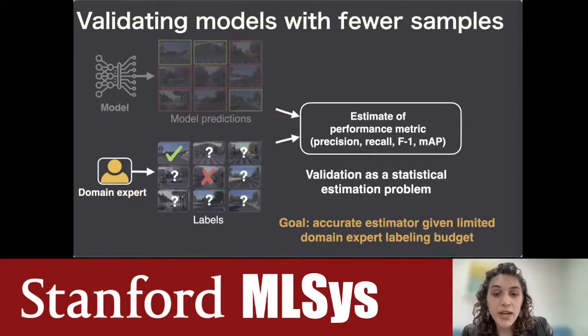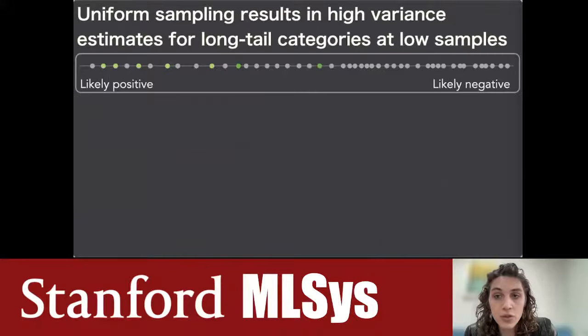So the most straightforward estimator, if you were to just try the most simple thing, is uniform random sampling. And it's an unbiased estimator. As you can see at the top of the slide, to walk through what this would look like, we're showing the distribution of examples in the validation set. And for illustration purposes, the green dots here are not predictions, they're actually ground truth positives, and the gray dots are negatives.